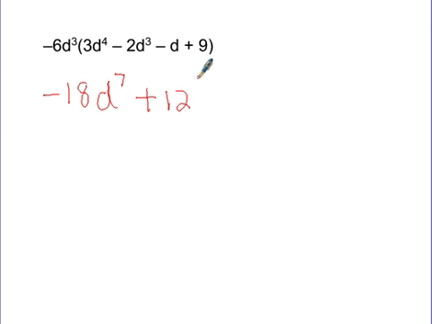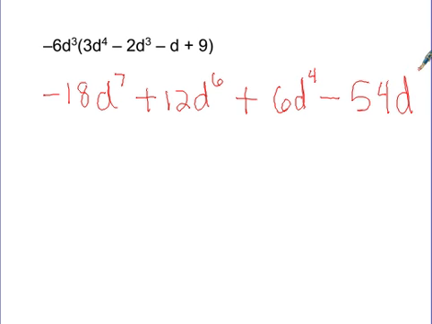D to the third times d to the third, d to the sixth. Negative times a minus again is a plus. 6d cubed times d, 6d to the fourth. And then a negative times a plus is a minus. 6 times 9, 54 d to the third.